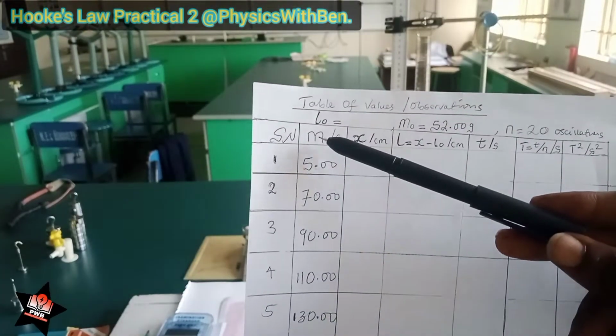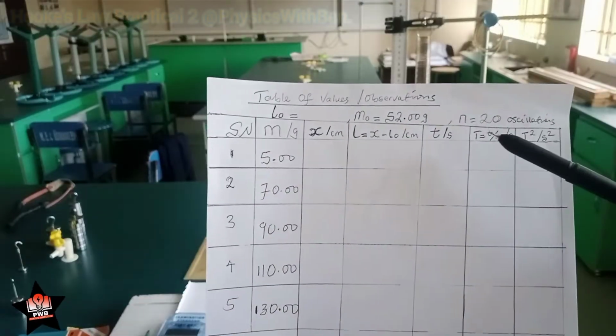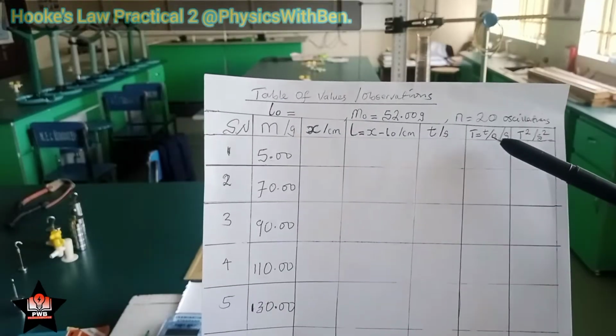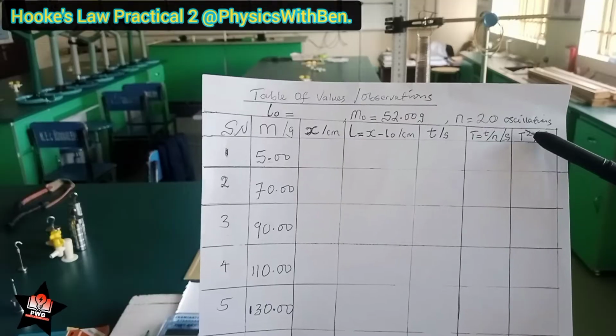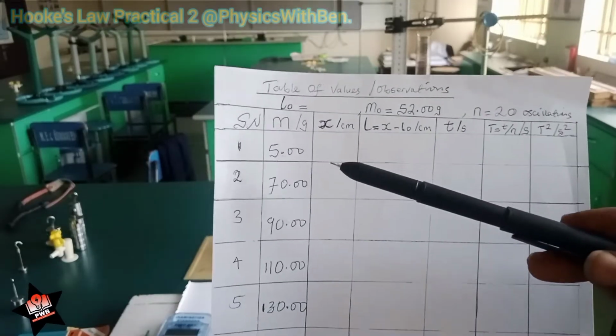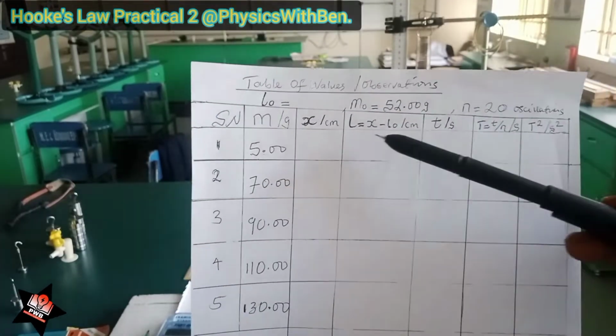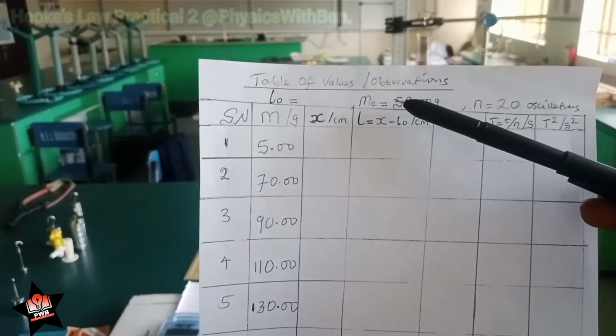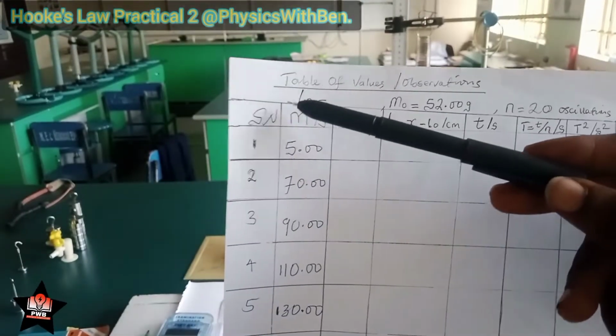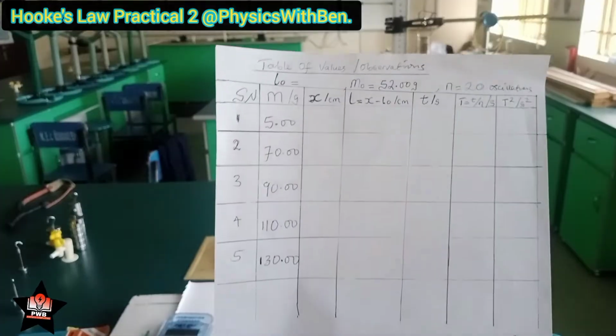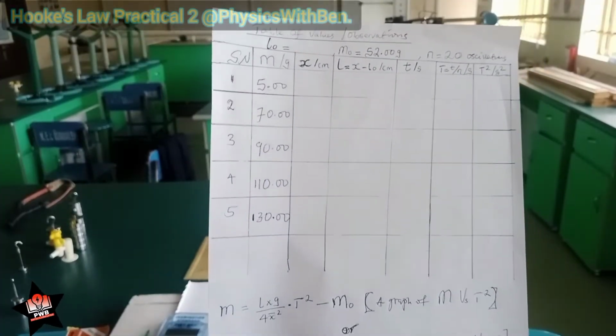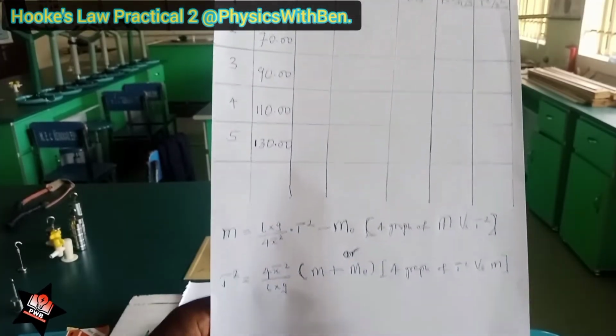You need this. You need this. You need this and this. But I added this and this and this and this to make this experiment a complete one. That is using one stone to kill two birds.